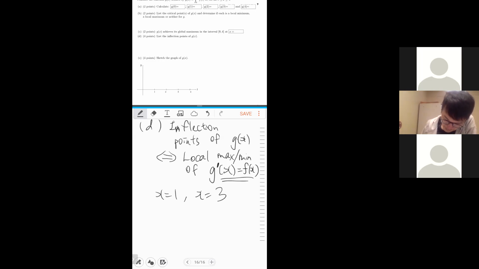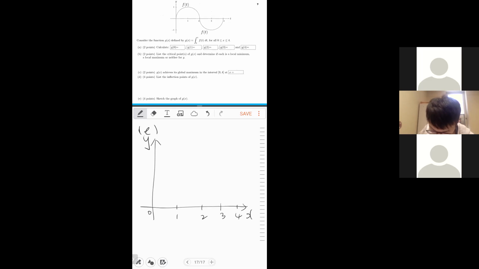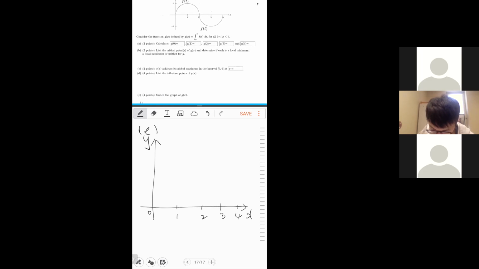Last part. Sketch g of x. So I know that 1 and 3 are inflection points. I also know that 2 is a global max.